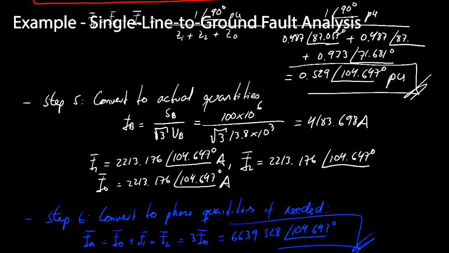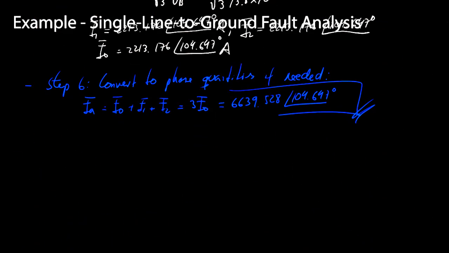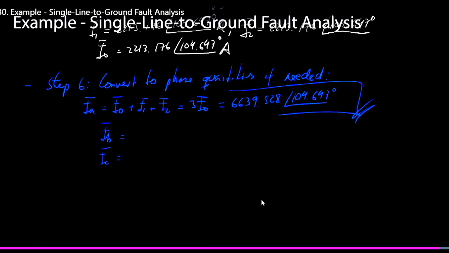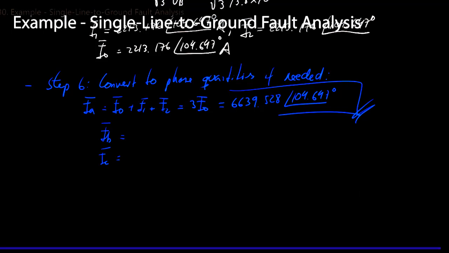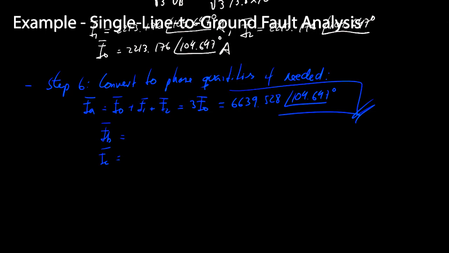So one more thing that I want to show you is that we can do the same thing for IB and IC. We can use the equations that we used before to go back from sequence components to phase components. So for IB, that's equal to I0 plus alpha squared I1 plus alpha I2. IC is equal to I0 plus alpha I1 plus alpha squared I2.